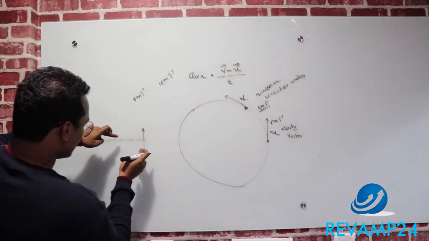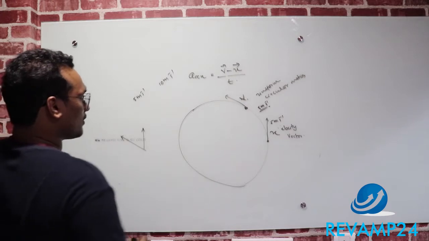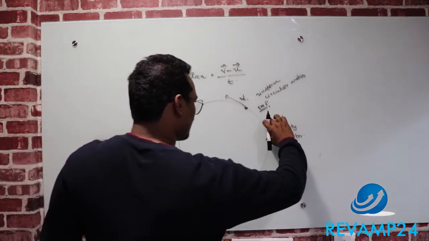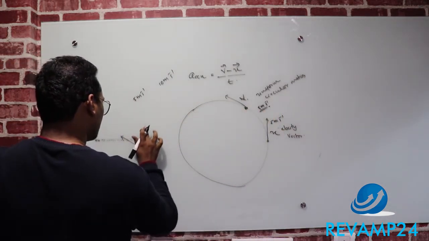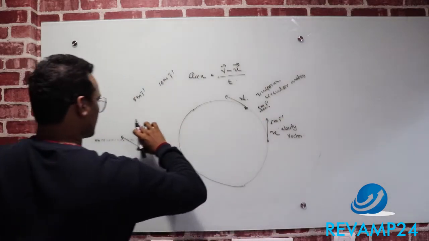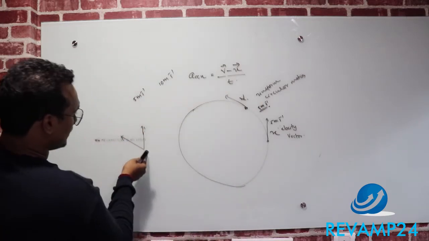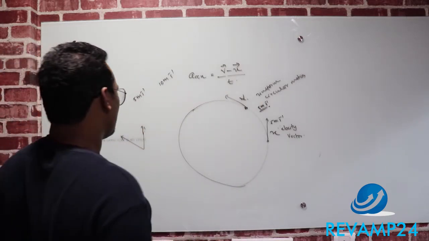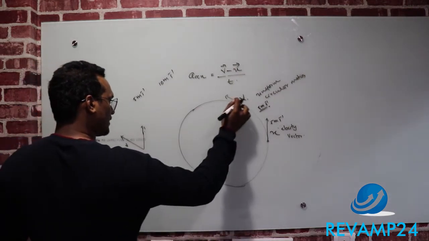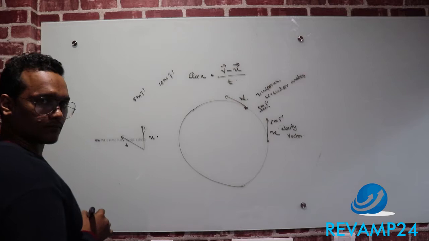I can simply copy from there and paste here, only I have to maintain the same length and same direction. So this is vector v, final velocity, and this is vector u, initial velocity.